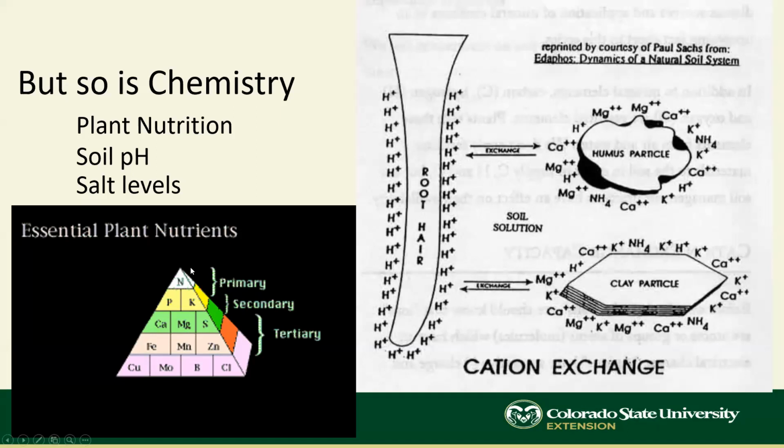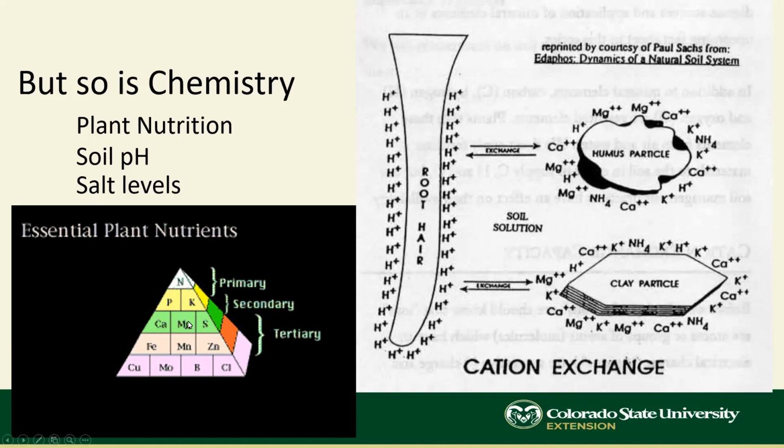Now, if you look over here, these are the big nutrients that plants need for life. Nitrogen is the biggest one for growth. Phosphorus and potassium are what we call our primary nutrients. That's why when you go to the store and buy fertilizer bags, they primarily have three nutrients, because those are the ones most limiting to plants.